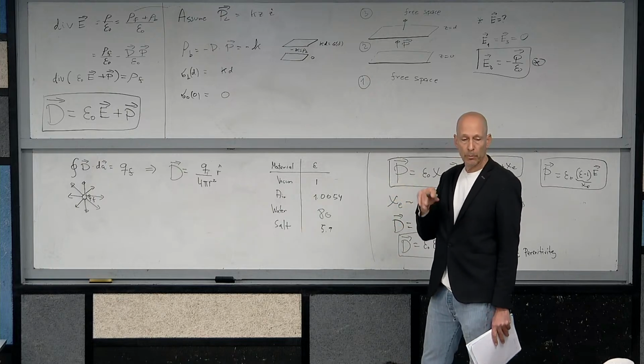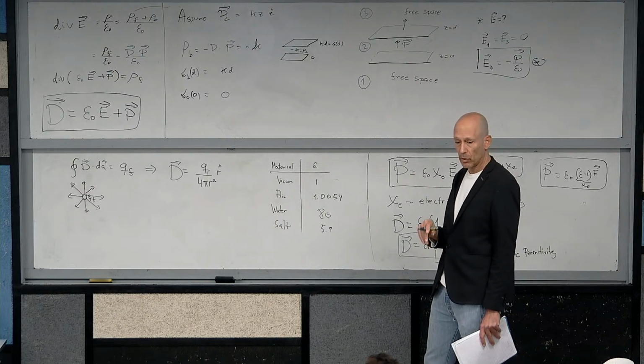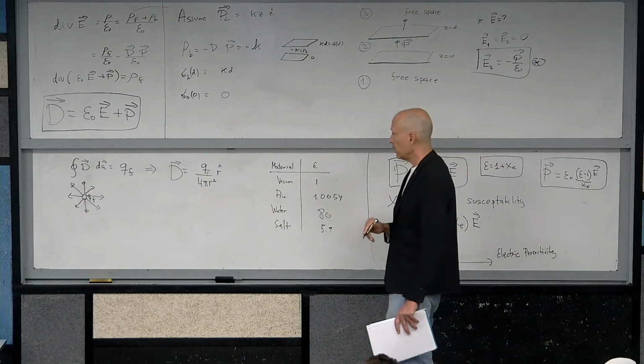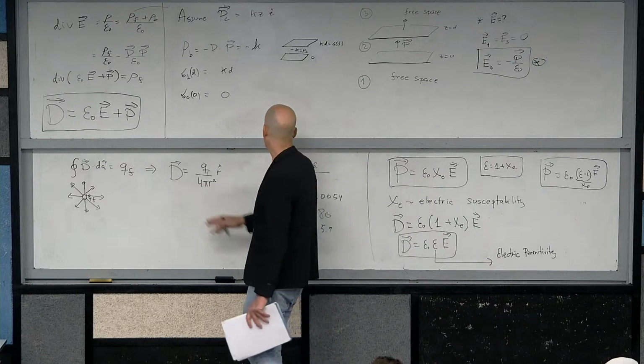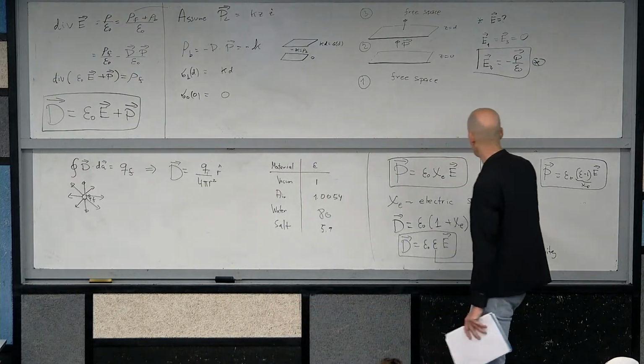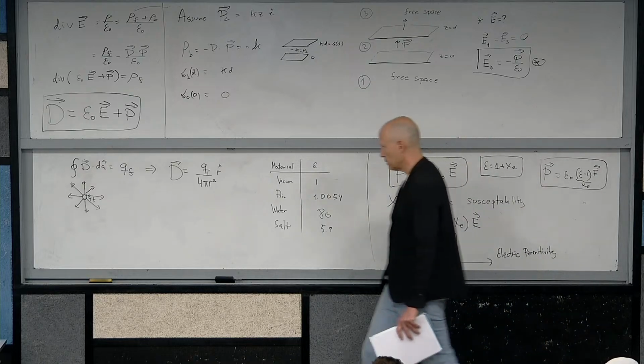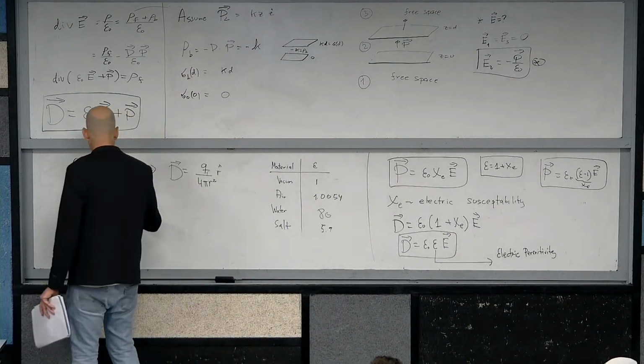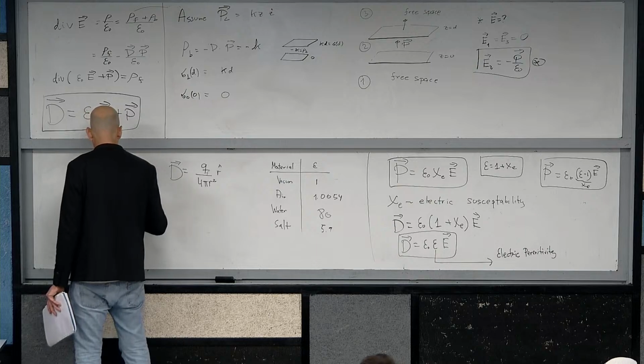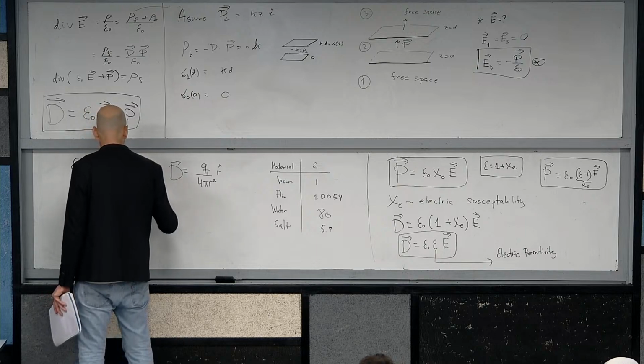Now we are going to put in the assumption of linearity of the material, and if I know D, then I know E, one of the equations here. So let us write it down. Now I'm adding this assumption, linear material.